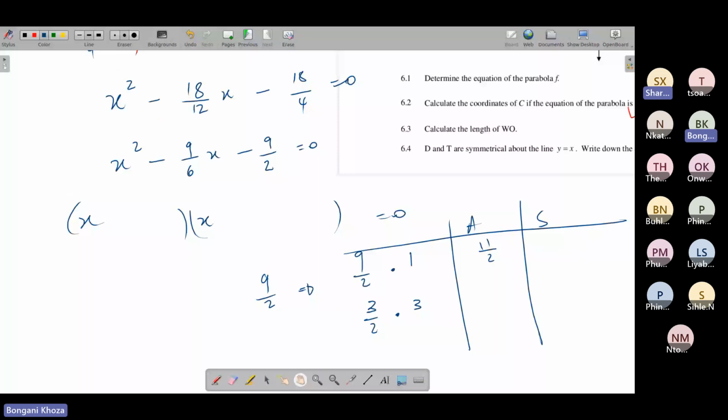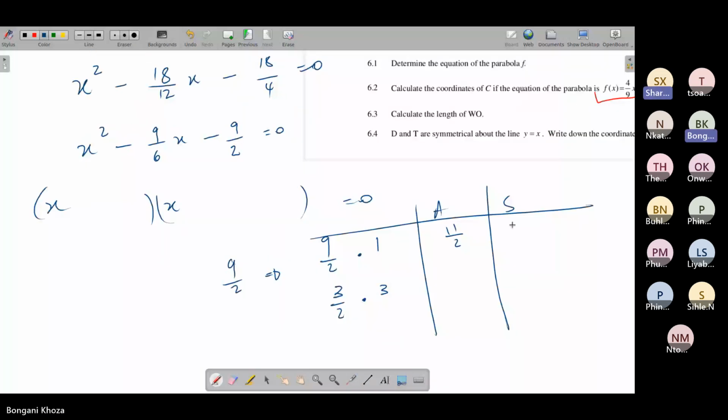And then if we say 9/2 minus 1, what do we get? 7/2. And then for what's this? 3/2 plus 3, what do we get? 9/2.